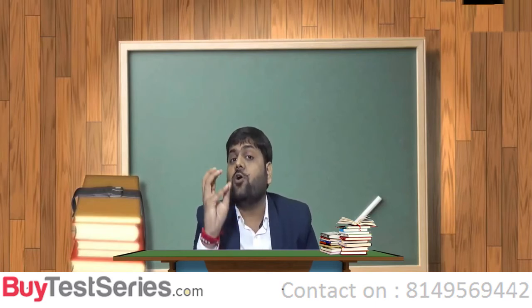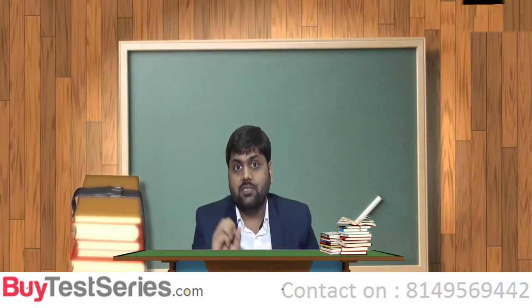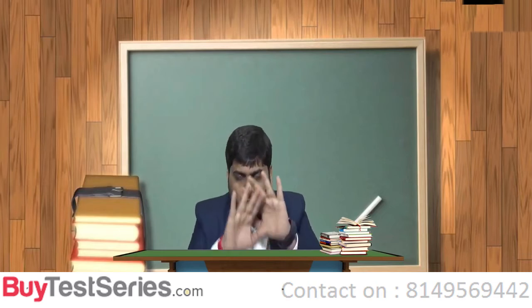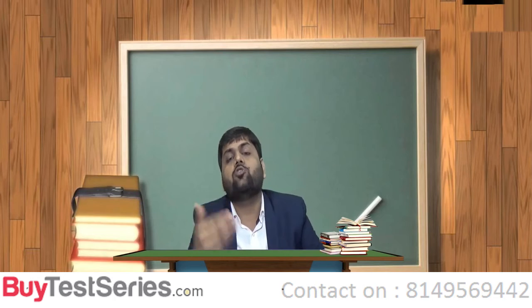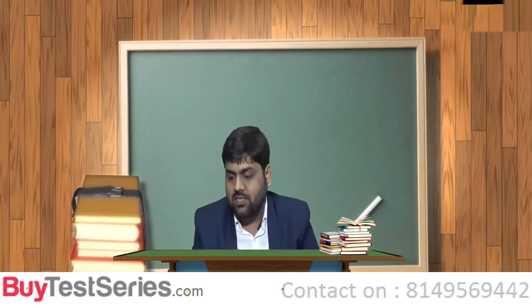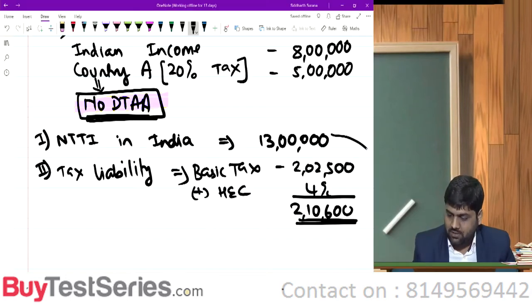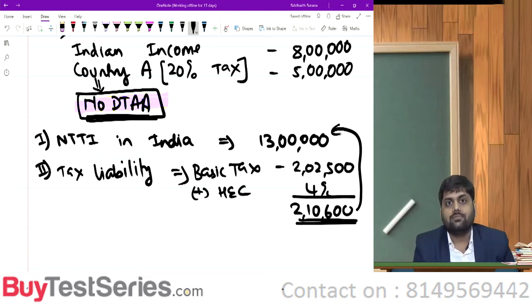Can I say therefore some portion of 13 lakh has gone in 0%, some in 5, some in 20, some in 30? Total 13 lakh has gone to tax at different rates, and on total 13 lakh rupees we are getting total tax of 2,10,600. 2,10,600 is the tax calculated on 13 lakh.